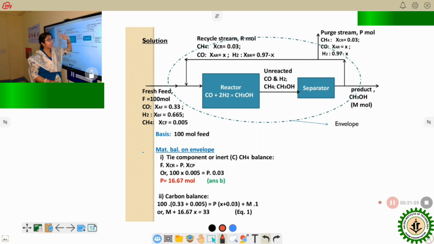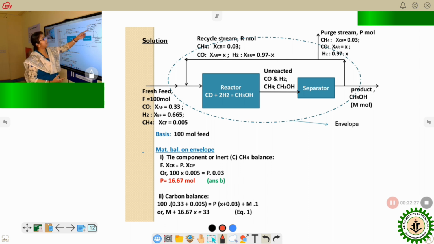Now for methane, as there is 3 mole % of methane, the mole fraction is XCR equals 0.03, we can write. And for carbon monoxide, we have to assume the mole fraction, that is X. If it is X, then we know 3% is methane, so the rest 97% is carbon monoxide and hydrogen together.